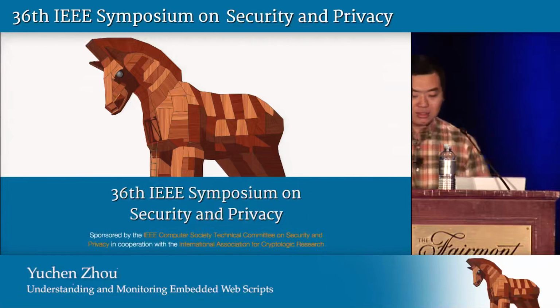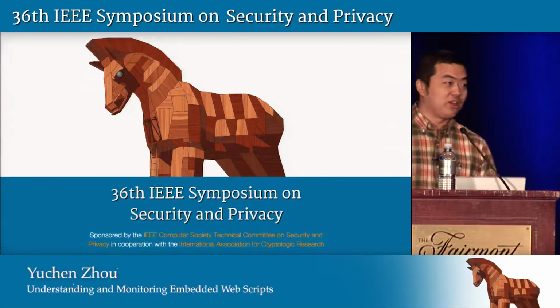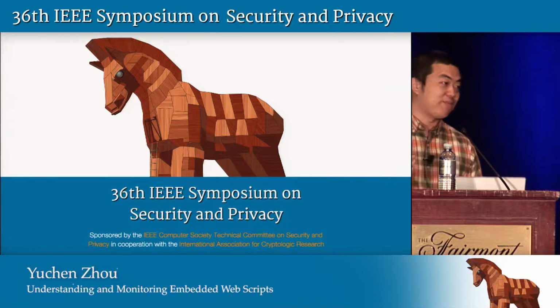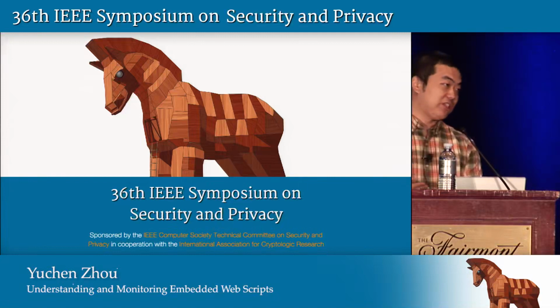Right. So that's also a very good question. The purpose of this work actually is to monitor the change of this third-party JavaScript, because they might be compromised by a malicious attacker, and then do something malicious. So in that sense, the policy would actually catch the attack behavior.